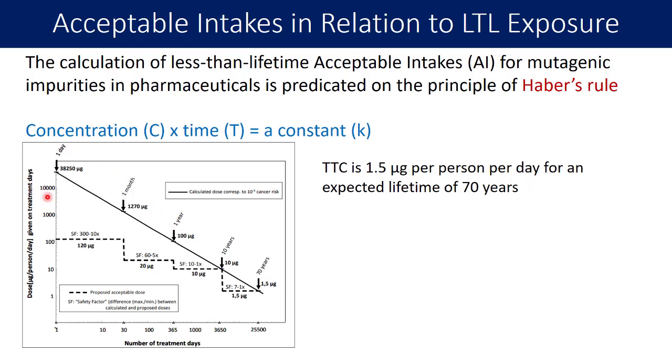So you will say that for a day, if the patient consumes 1.5 micrograms of the mutagenic substance for 70 years, what is going to be the consumption in a day?